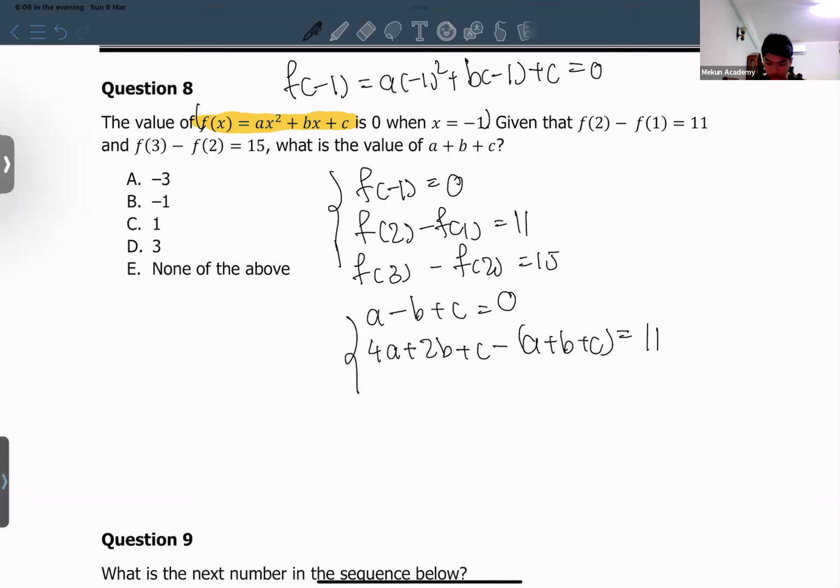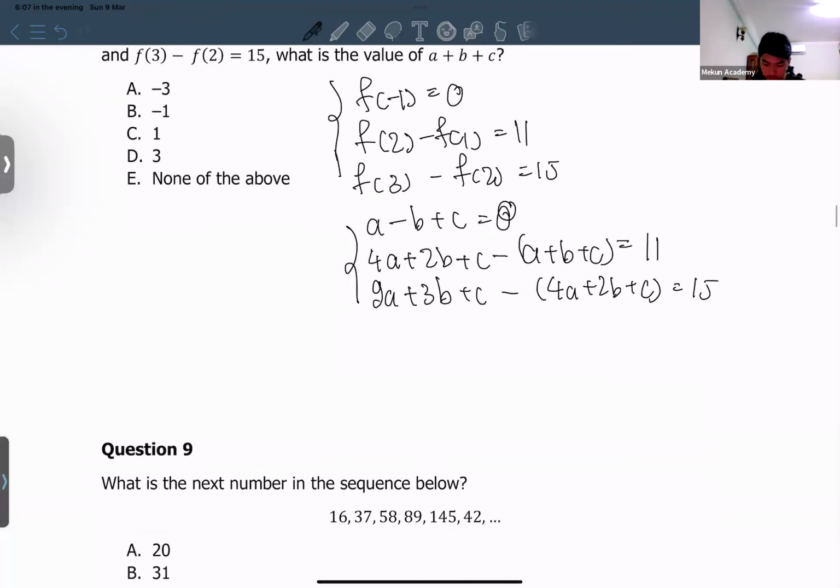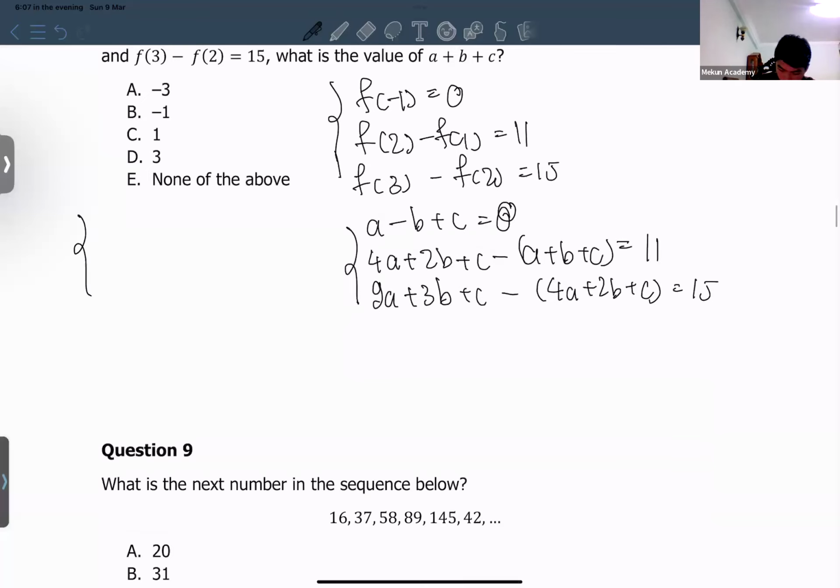And for the last one, you'll get 9a plus 3b plus c minus (4a plus 2b plus c) equals 15. Then you can simplify it.